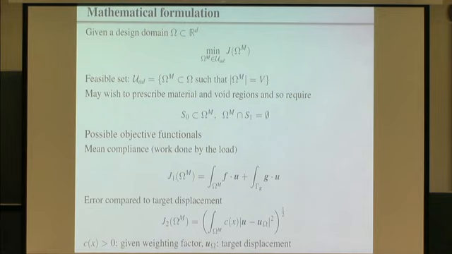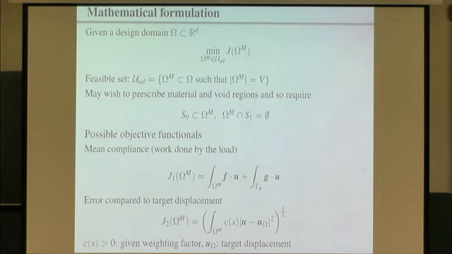What we're thinking of in this context is that we've got a target displacement u omega that we want our displacement u to be as close as possible to. So we want to minimize the L2 error between these, with c of x just some given weighting factor. Those are the two objective functionals we're going to consider.